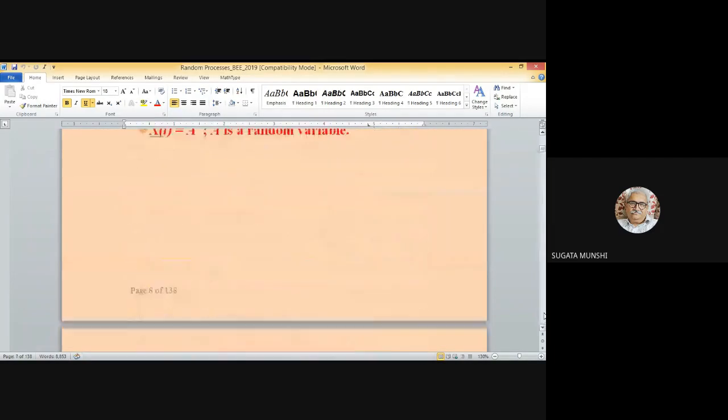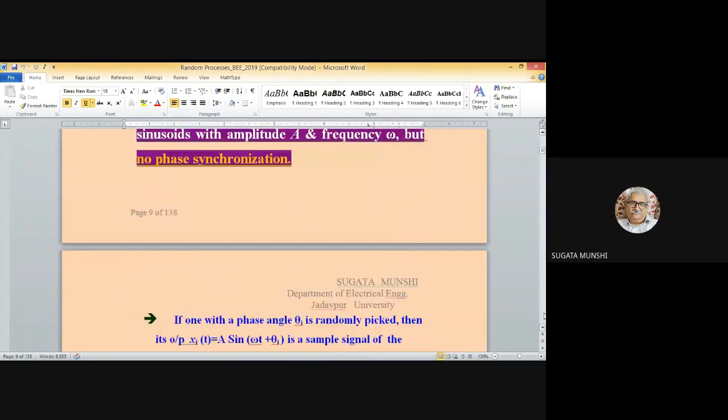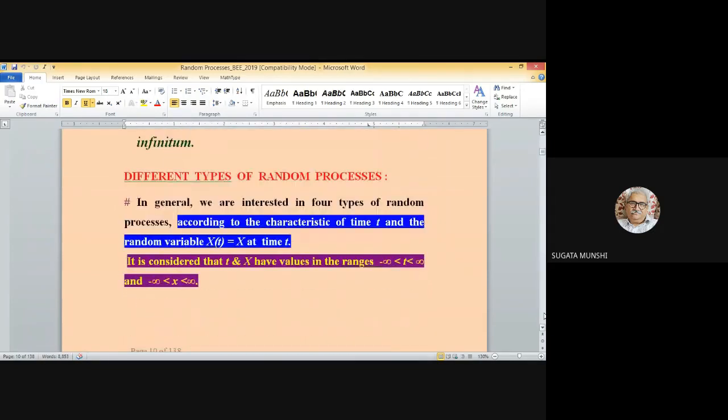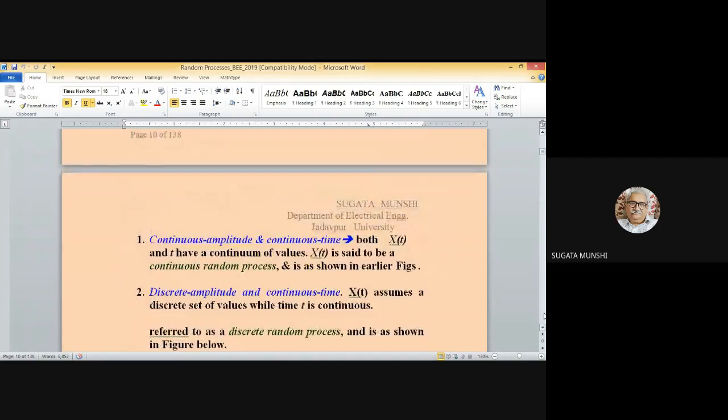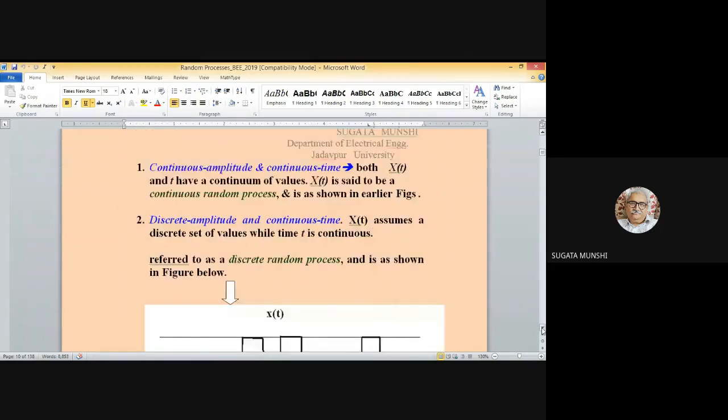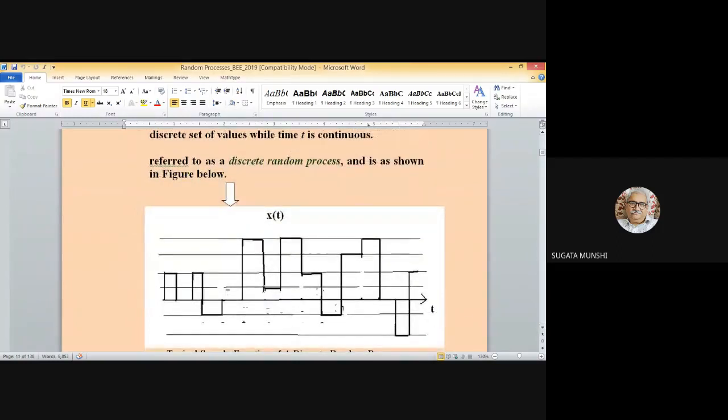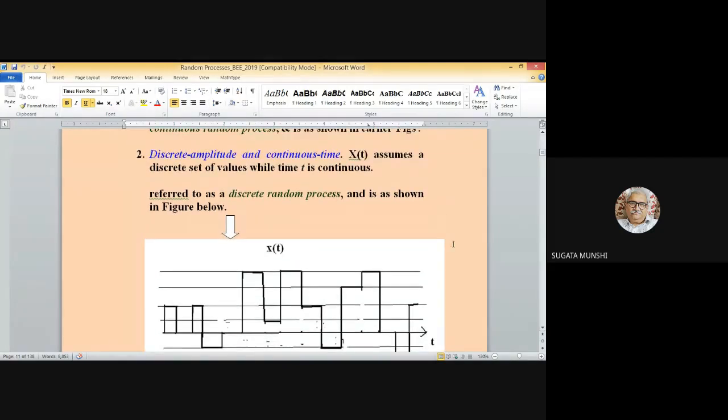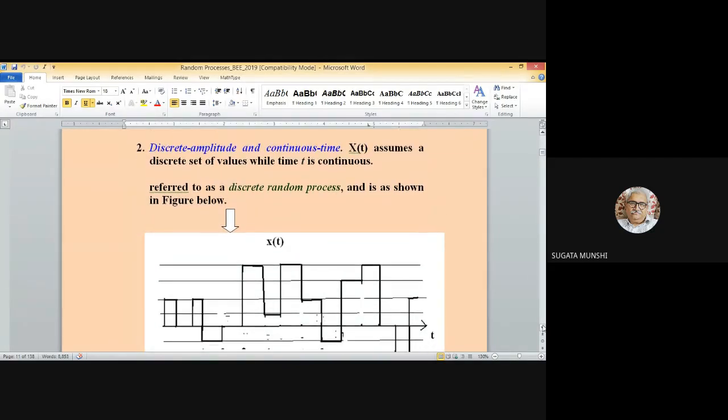So that variety is called continuous time, continuous amplitude random processes. The second variety is called discrete amplitude and continuous time random processes. This is a typical example of a sample realization of that variety. Continuous time, discrete amplitude, also known as discrete random process.